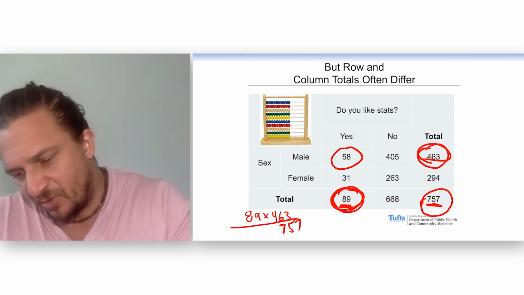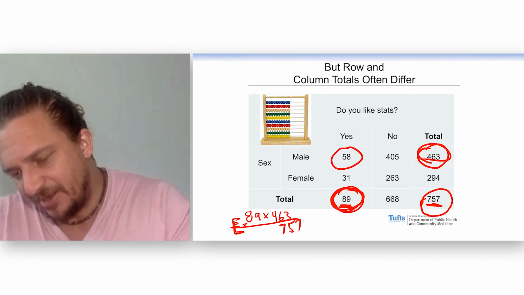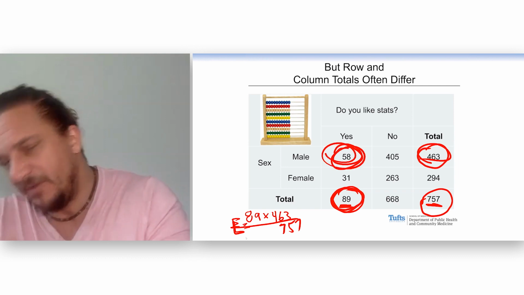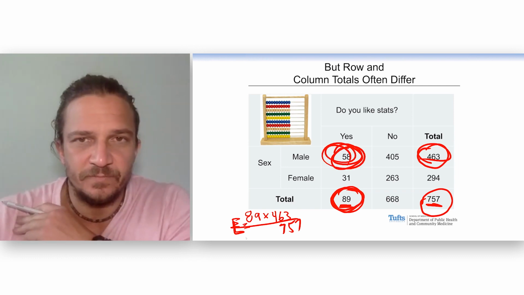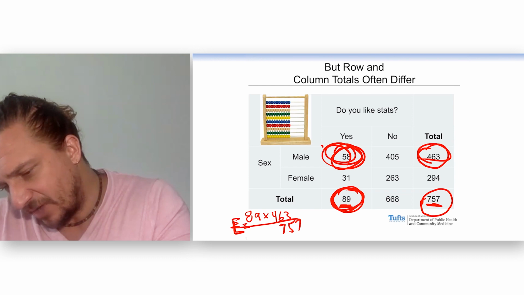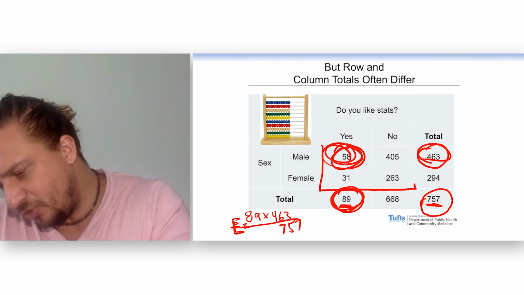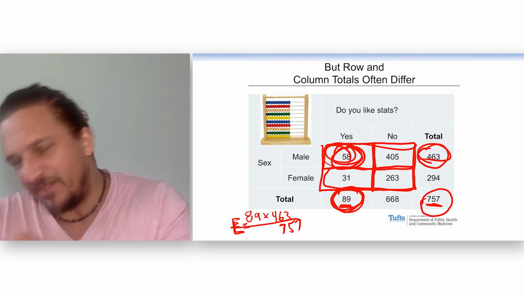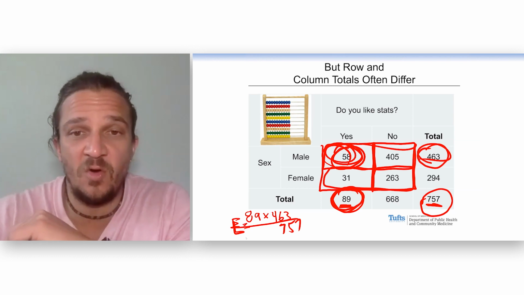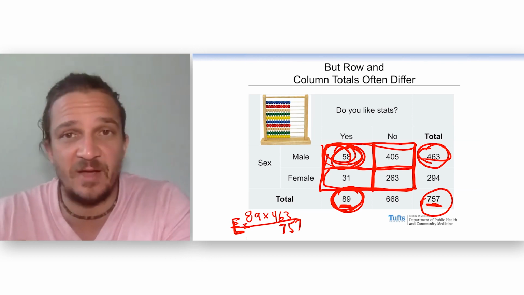That yields what we call the expected count for this cell. I just want to stress that this is a 2x2 table, and these are the 4 cells we're thinking about. By looking at the row and column totals, we can calculate the expected amount in each cell.